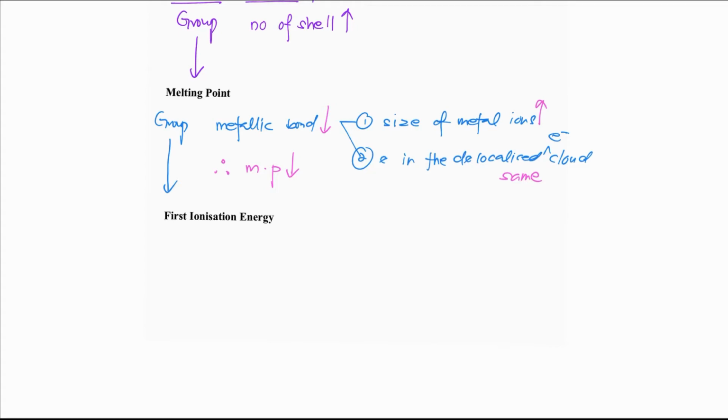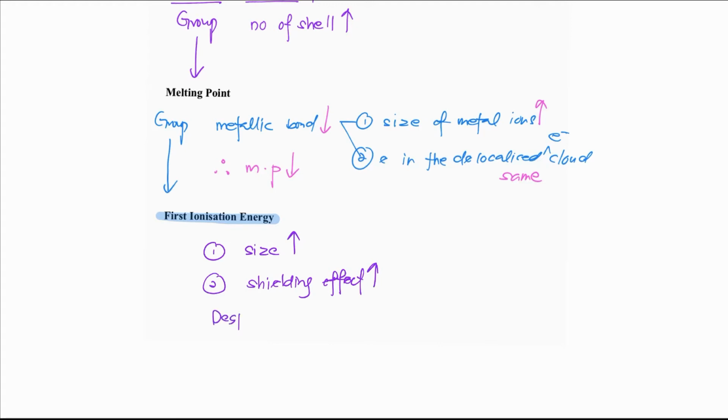Next, we have first ionization energy. Down the group, the size of the group 2 element increases. Since the number of electrons and the number of shells increase down the group, the shielding effect increases down the group.